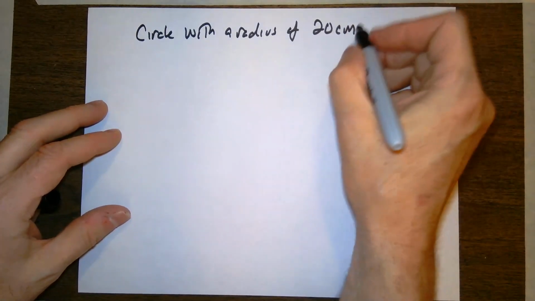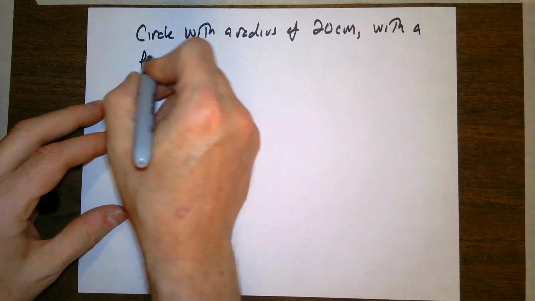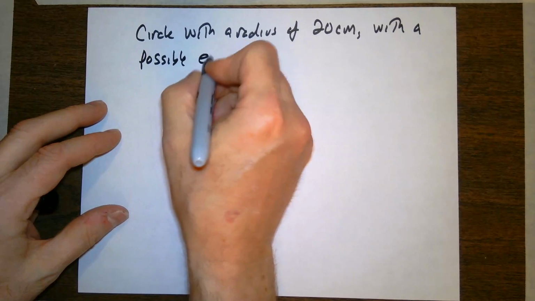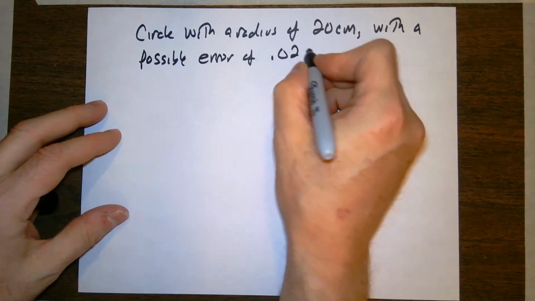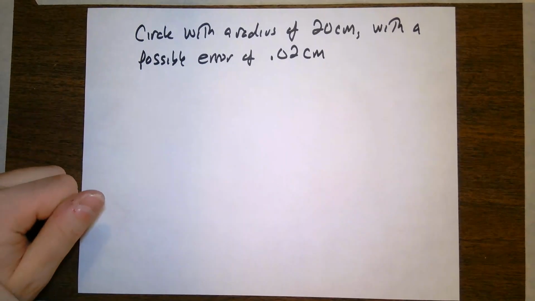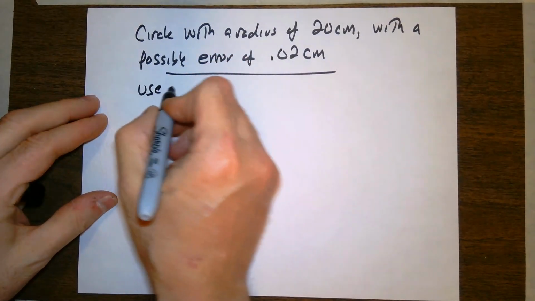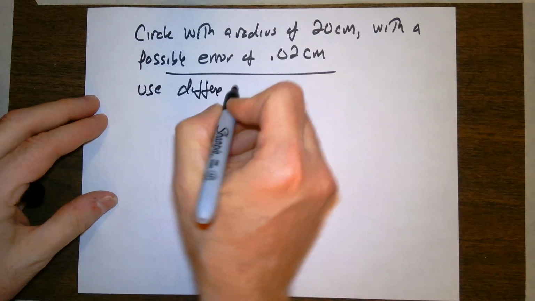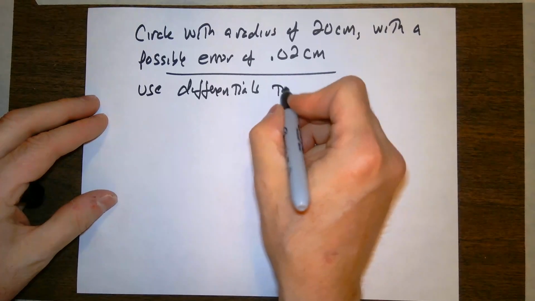So the radius is 20 centimeters with a possible error of 0.02 centimeters. So we're going to use differentials to estimate.